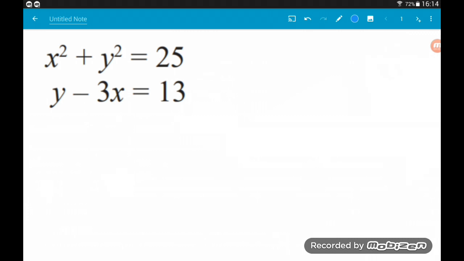So at the moment we've got our y and x terms on the same side, so we don't want that. So what we're going to do, we're going to add 3x to both sides, and that's going to leave us with y equals 3x plus 13.